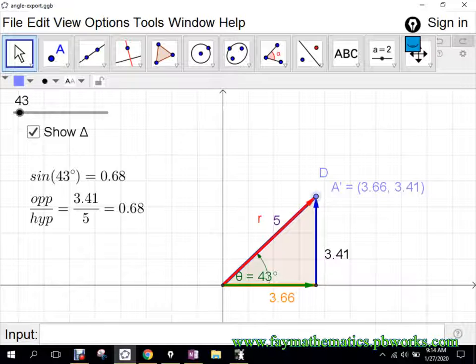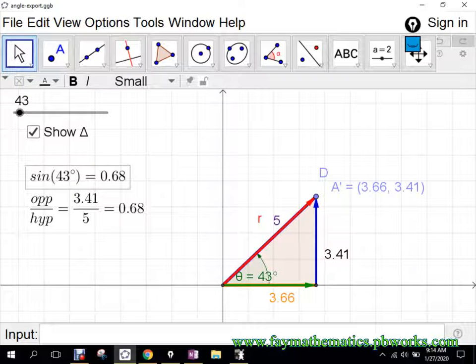If I look over on the left-hand side where I've got some calculations going on, that calculation right there is as if you took your calculator and typed in sine of 43 degrees. It's going to spit back 0.68, okay? What I want you to understand is that when you type that into your calculator, it has absolutely no idea that you're looking at a triangle that has a side of 3.41, a side of 3.66, and a side of 5. But it still gives me 0.68 back regardless.